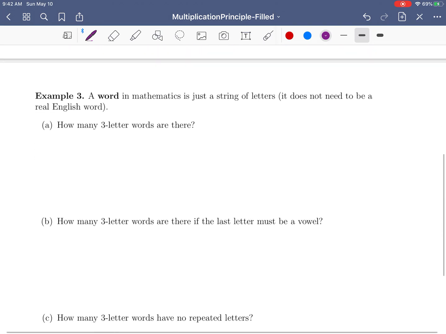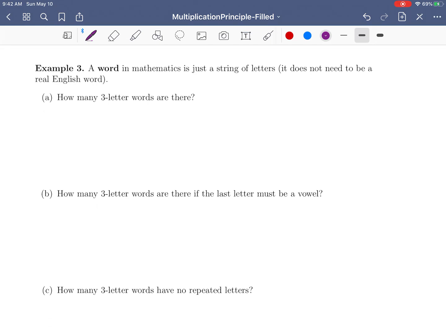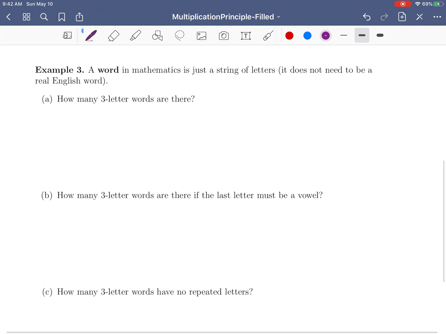Okay, let's do one big example here. A note at the beginning: when we use the word "word" in mathematics, we just mean a string of letters, so it doesn't have to be a real English word. Keep that in mind when you're doing any problem where they ask you how many words there are. First of all, it asks how many three-letter words are there? I'm going to write this one out a bit formally.